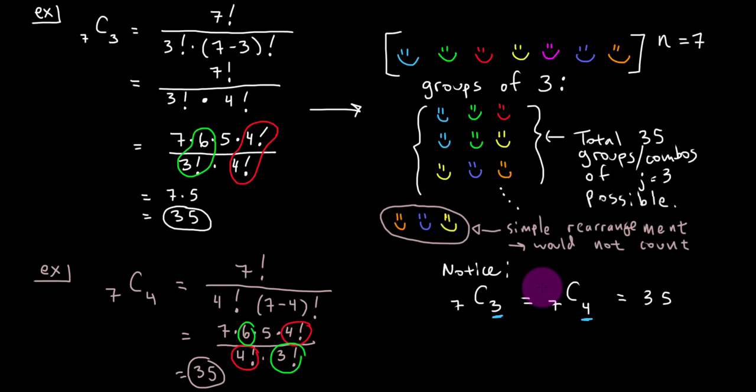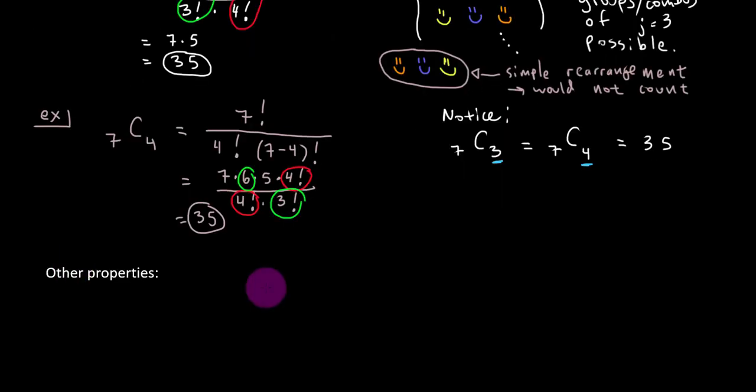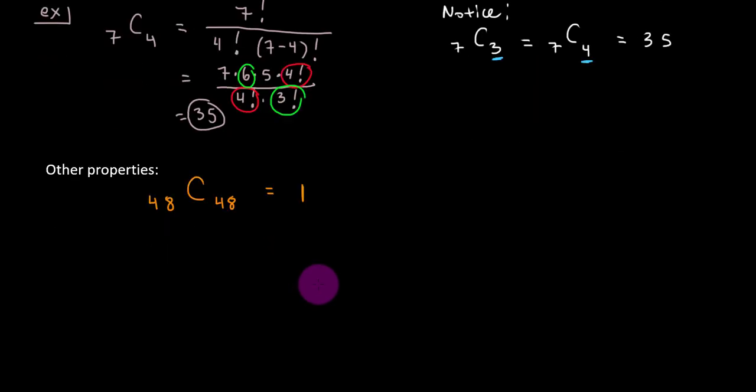Let's look at some other neat properties. What if we did 48, that's how many are enrolled in our class, choose 48? Let's think about it. If there were 48 people total, how many ways can you select everyone? There's only one way for that to happen. That's fun.